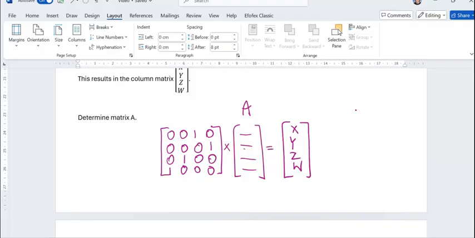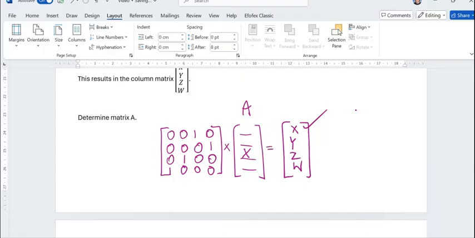So the 1 has to be in the position that picks up the X in my answer, in the right position in that first row of the answer matrix.